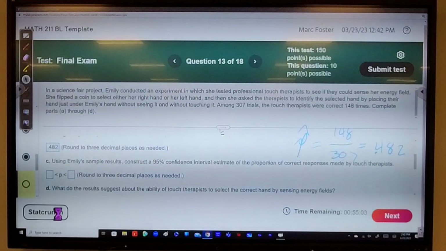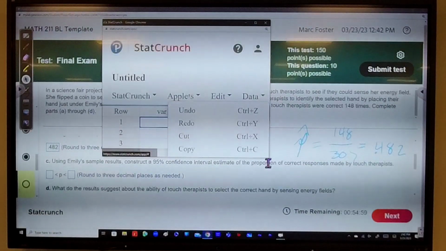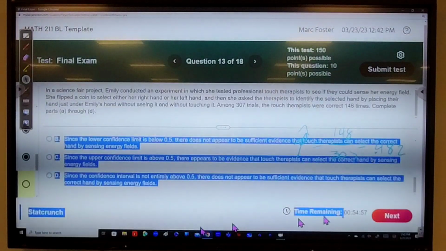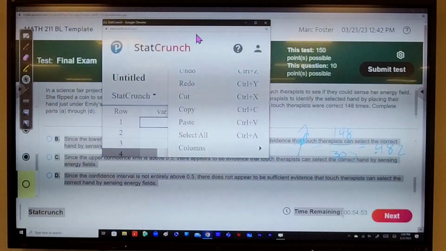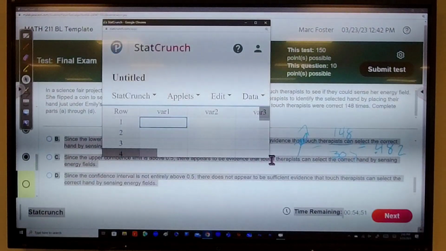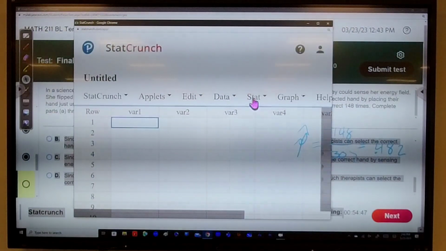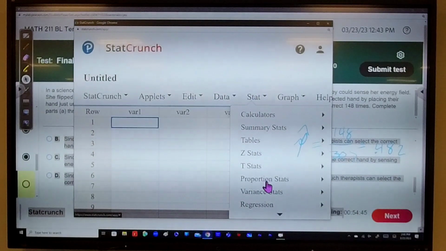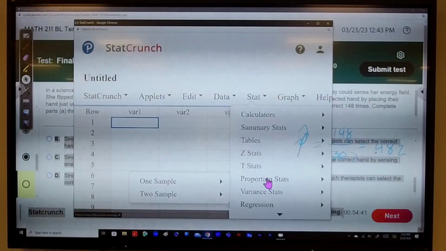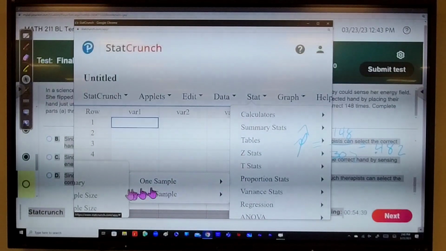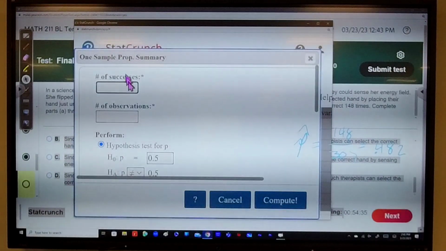All right, so I'll open StatCrunch. Proportion stats, because we have a p hat. Proportion stats, one sample, and here it's with summary. We don't have the data.